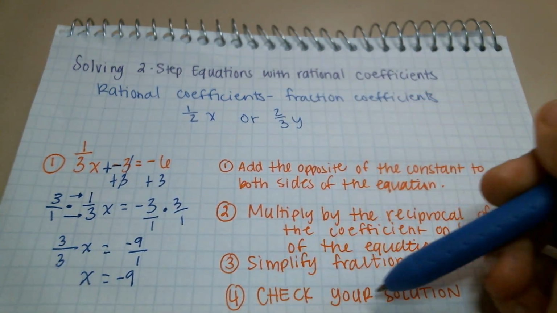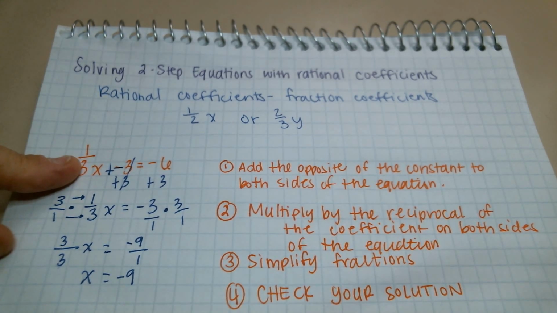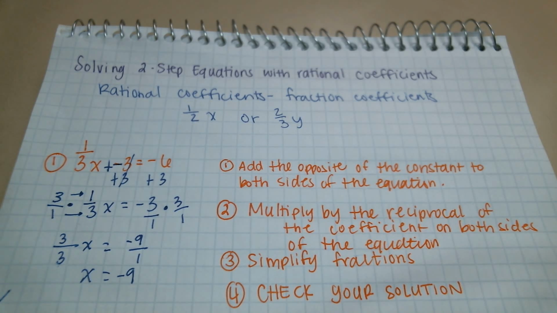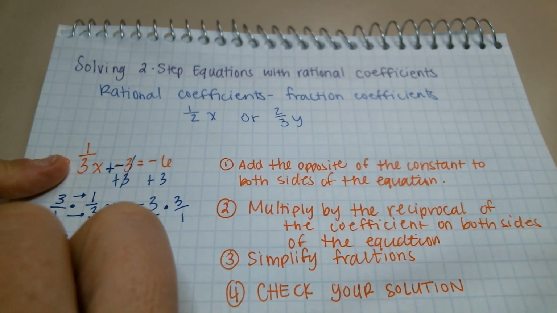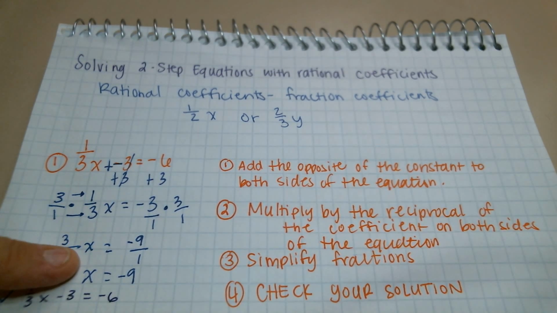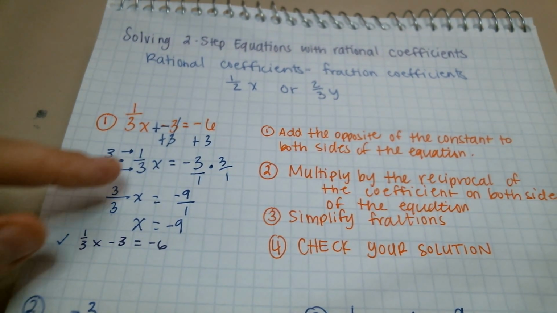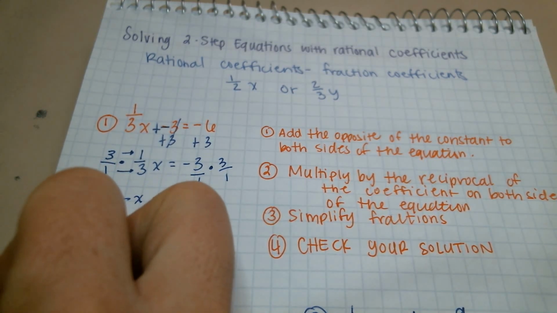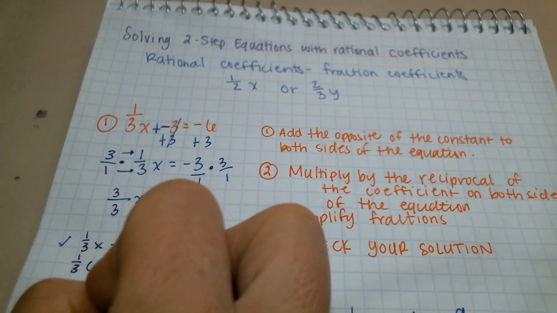And then, before we can go on, you've got to check your solution. So I'm going to take my original equation, 1/3 x minus 3, and I want to know if x is -9, then when I plug in -9 for x, do I end up equaling -6? So I'm going to plug in -9 here, and does that equal -6?